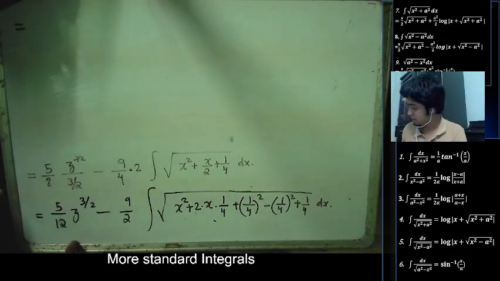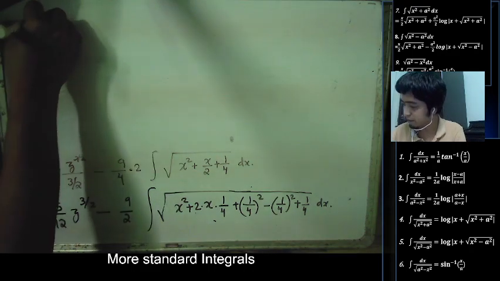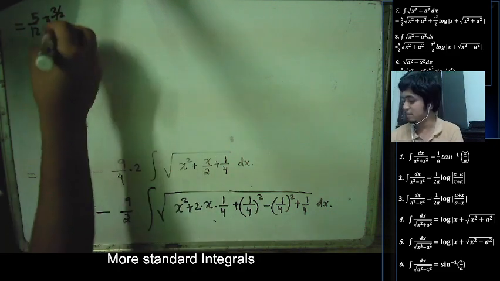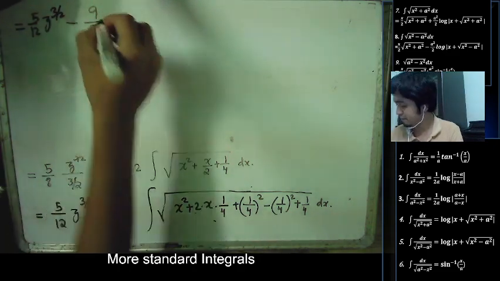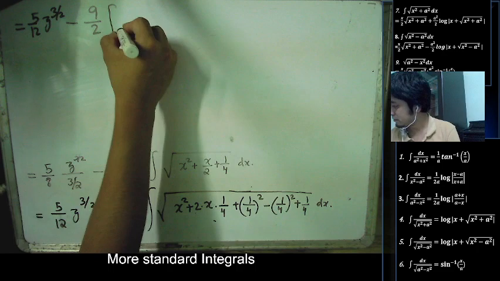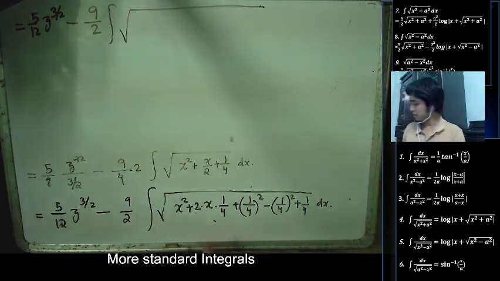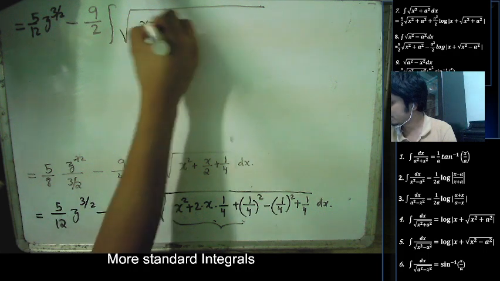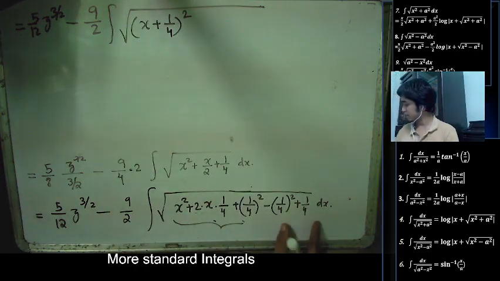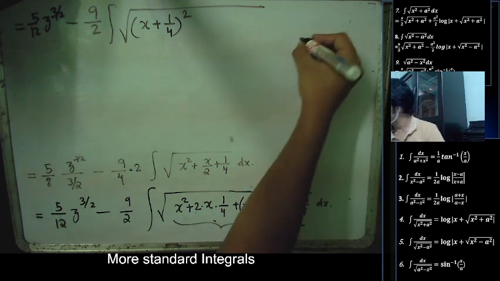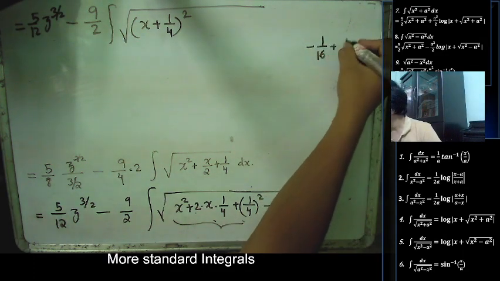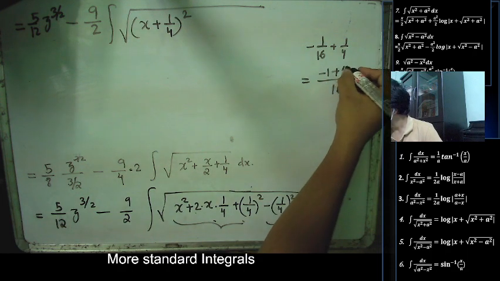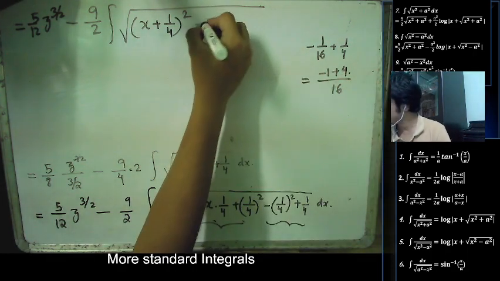This one will be 5 by 12. You can substitute that, or you can still write it here, then substitute it in the last stage. Now this one you can write as (x plus 1 by 4) whole squared. This one you can combine, so it will be minus 1 by 16 plus 1 by 4. So we'll be having plus 3 by 16.